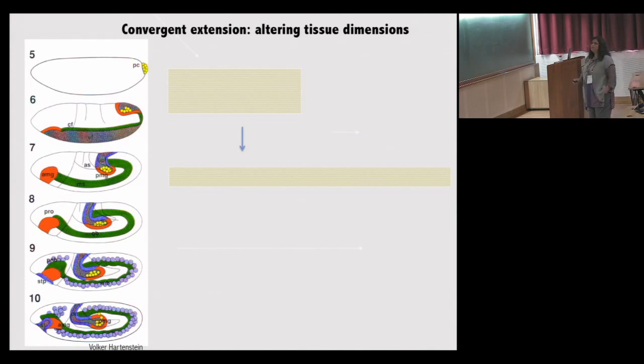So really what's happening is that the tissue is kind of converging in one axis and extending along the other axis to change the aspect ratio. So the question is, how can a tissue change its dimensions from this to this?